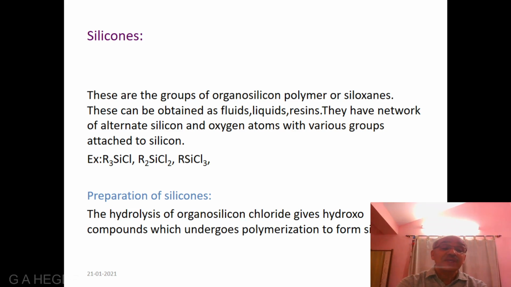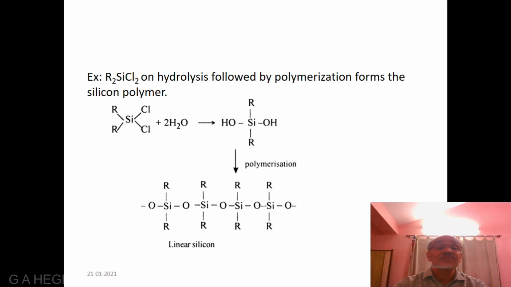For example, R3SiCl, R2SiCl2, RSiCl3. Preparation of silicones: the hydrolysis of organosilicon chloride gives hydroxo compounds which undergo polymerization to form silicones.